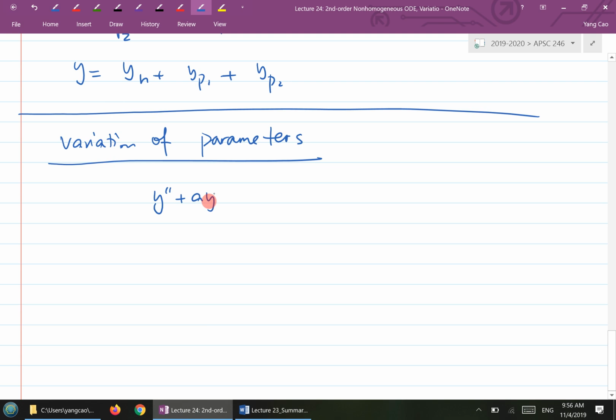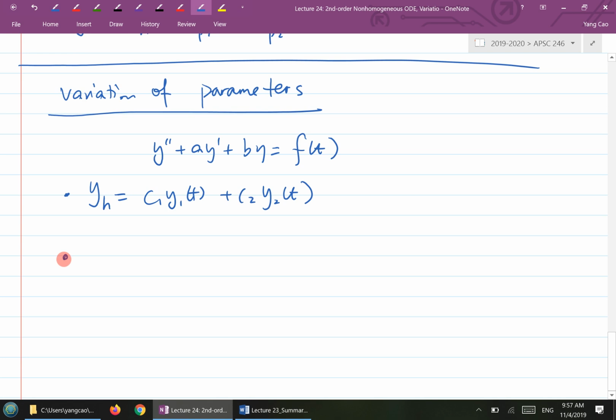So let me rewrite the type of function we're dealing with. This is the one we're dealing with here. First step, as usual, you need to find the general solution for the homogeneous one, yH.